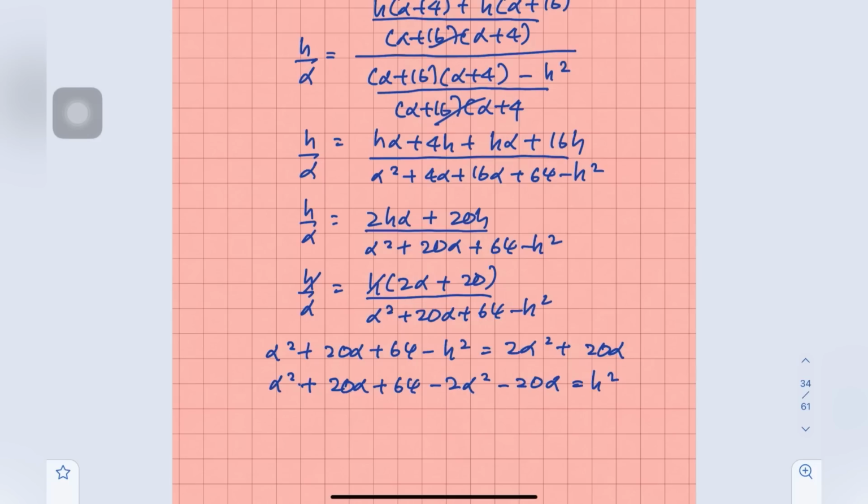So H squared equals 64, eliminate, so 64 minus alpha squared. So then H equals square root of 64 minus alpha squared.